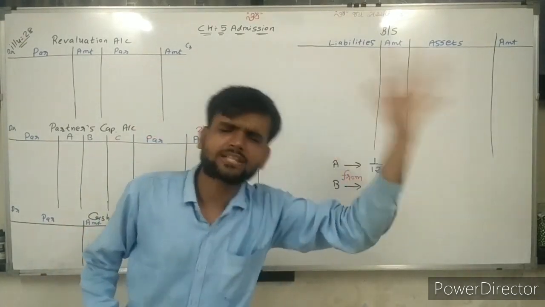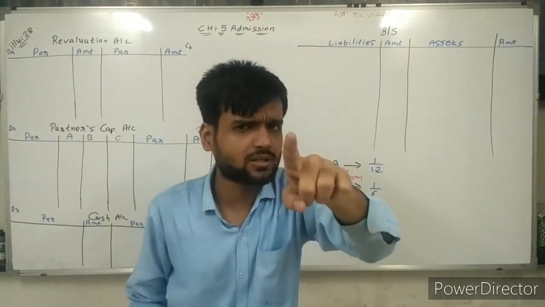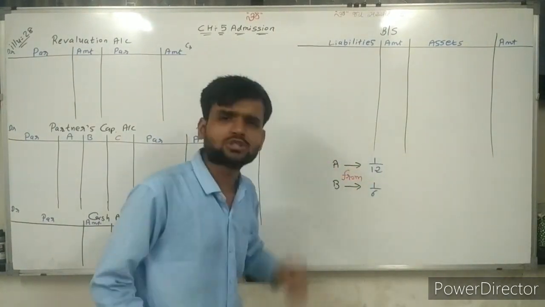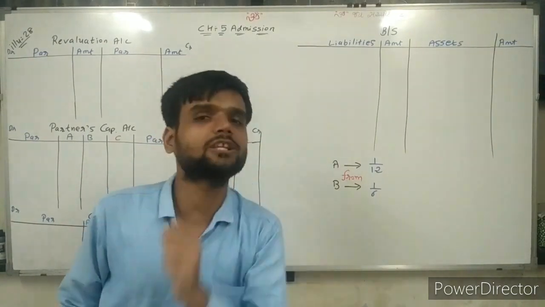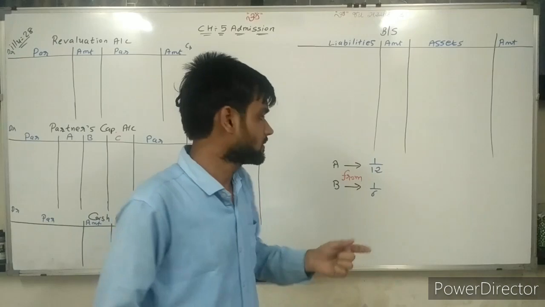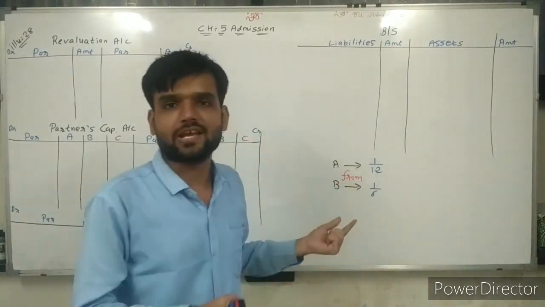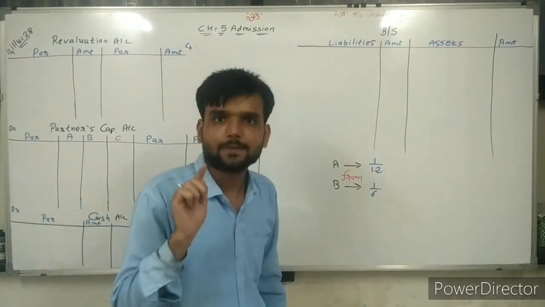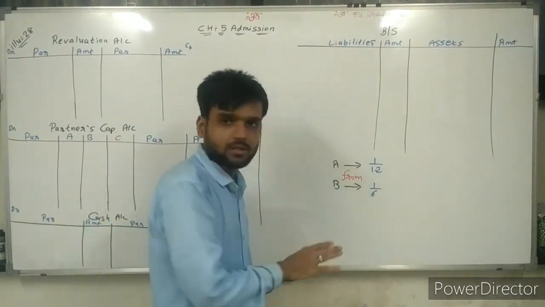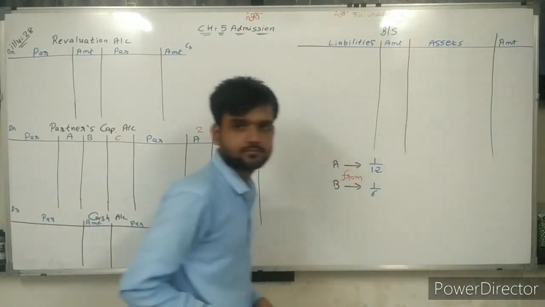Remember my last lectures. In one lecture, the same type of situation was given, but there "from" was not given. That was given "of his share". And whenever "of" is given, then multiply. If "from" is given, then this ratio is given to C directly.